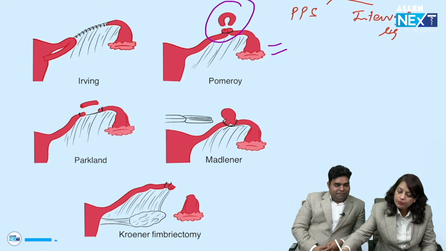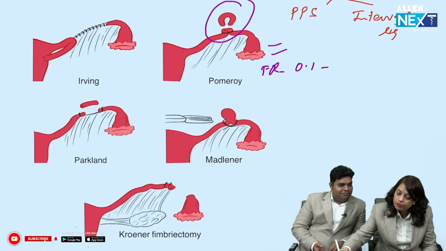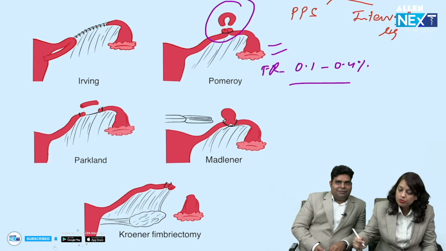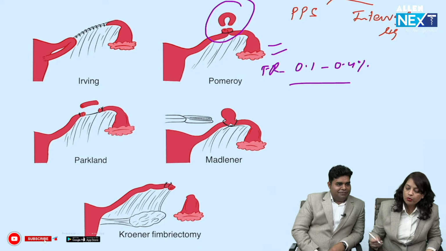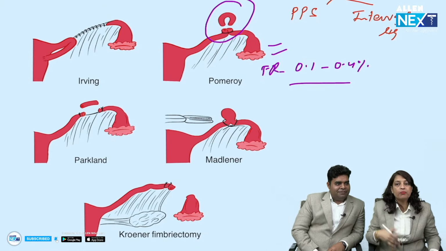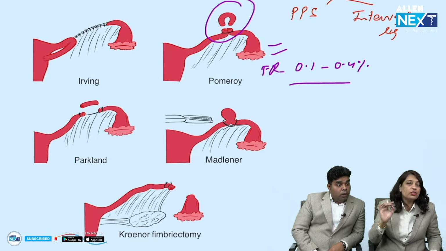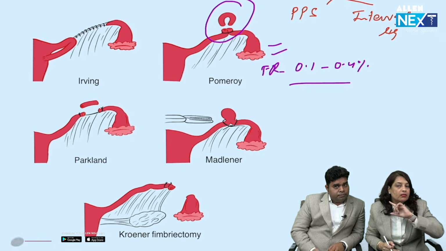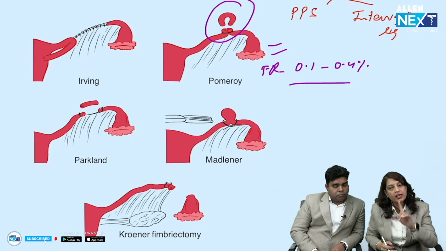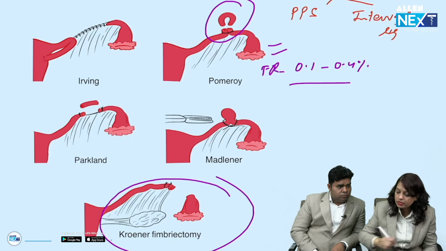The failure rate of Pomeroy's technique is 0.1 to 0.4%. Most commonly done is Pomeroy's, but other images I have just given, if by chance there is a question to identify which of the following methods recanalization is not possible, it is Kroner's.